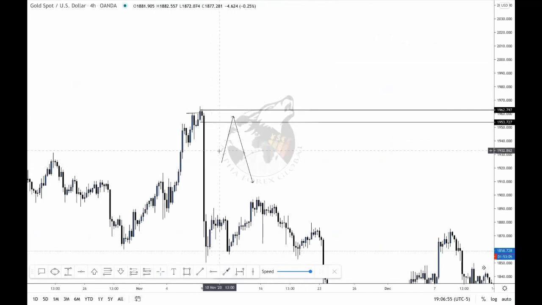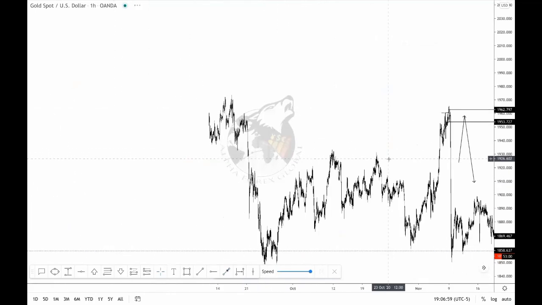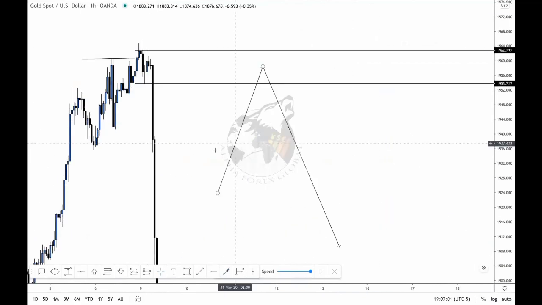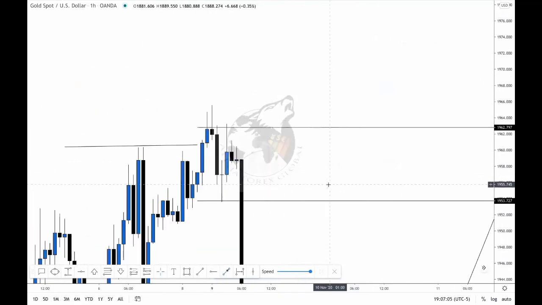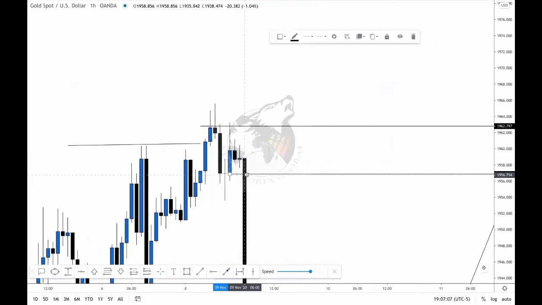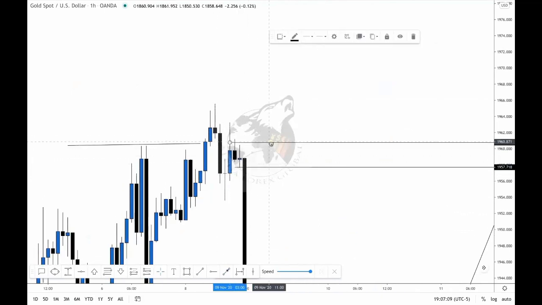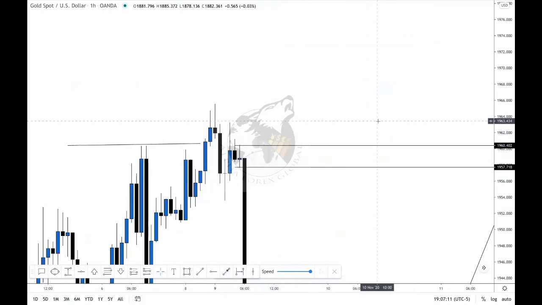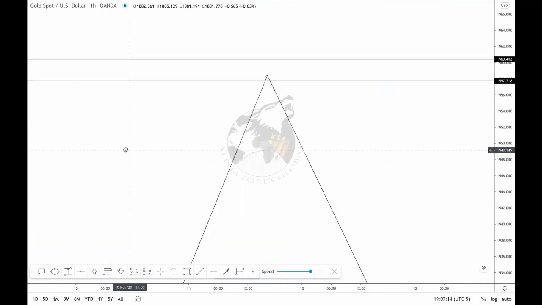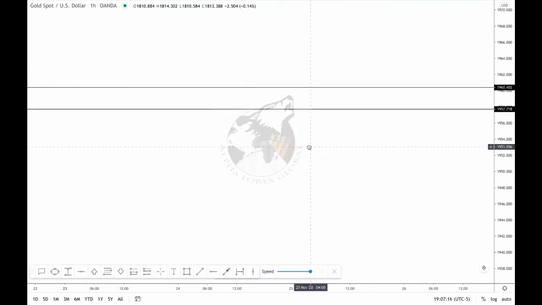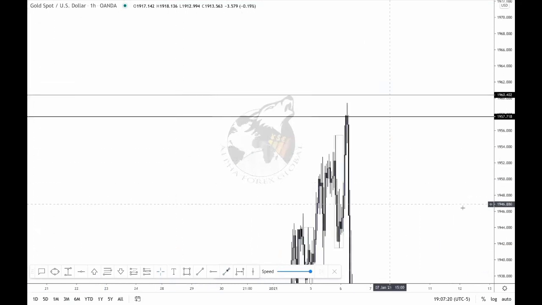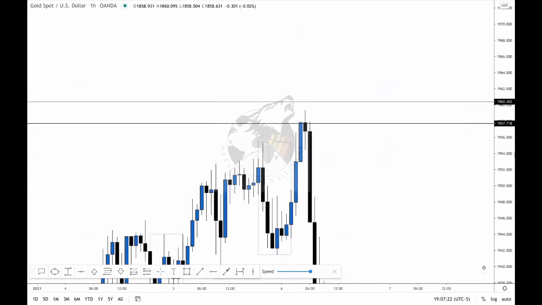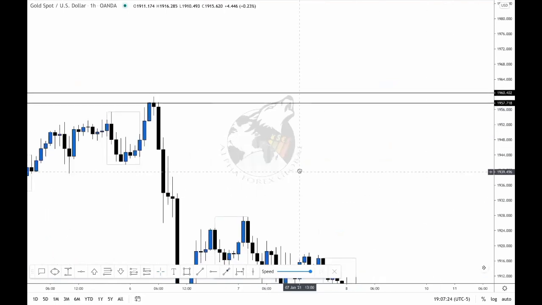You can also refine this entry by going to a lower time frame. On the lower time frame, this is what we see right here. Notice the market just stopped inside that little area and then pushed to the downside.